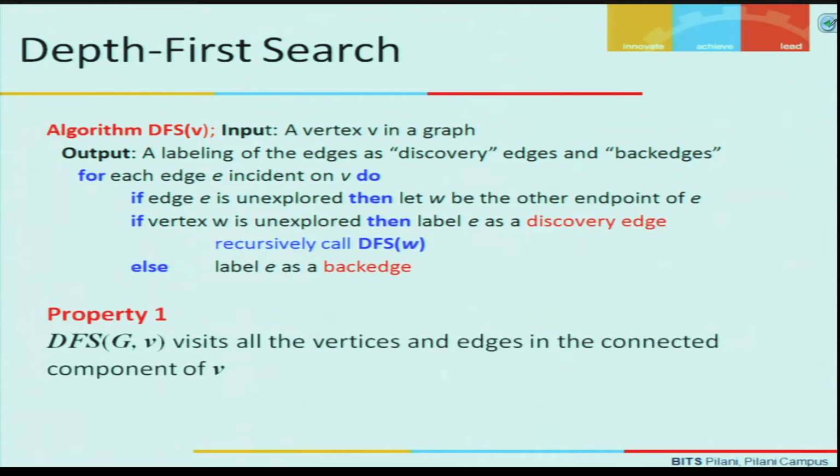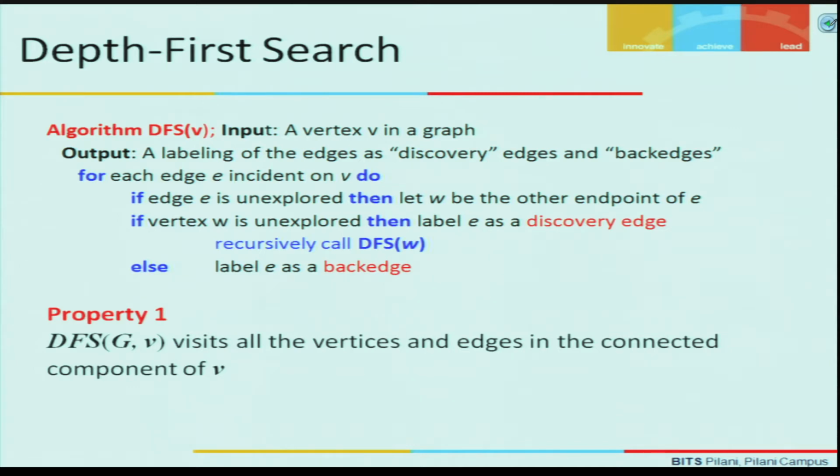if the edge is unexplored, then let w be the endpoint of e. If w is unexplored, then we are going to label e as a discovery edge, and we continue our procedure from w.